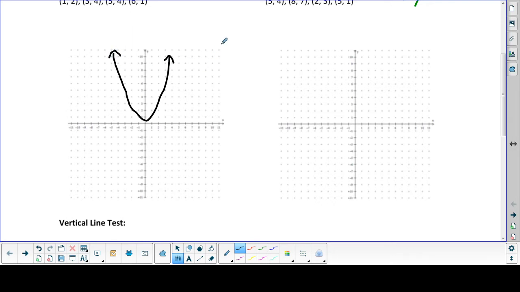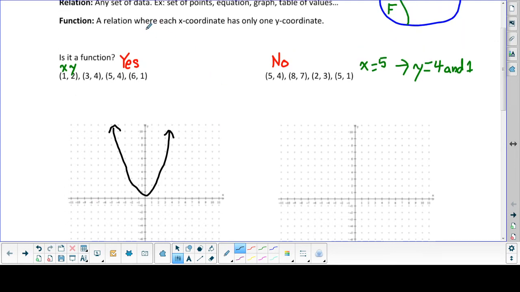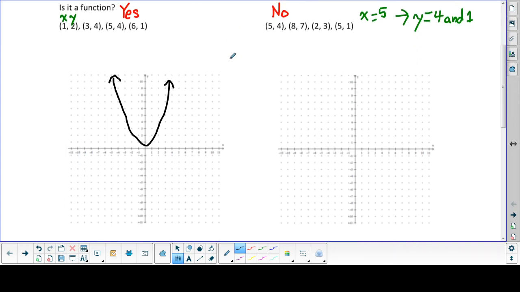We want to know whether or not this is a function. So once again, let's go to our definition. Scroll up here. Each x coordinate has one y coordinate. So let's think about some of these x coordinates for a second. Let's think of x as 3. It's a little blurry on this graphic, but this is x is 3.